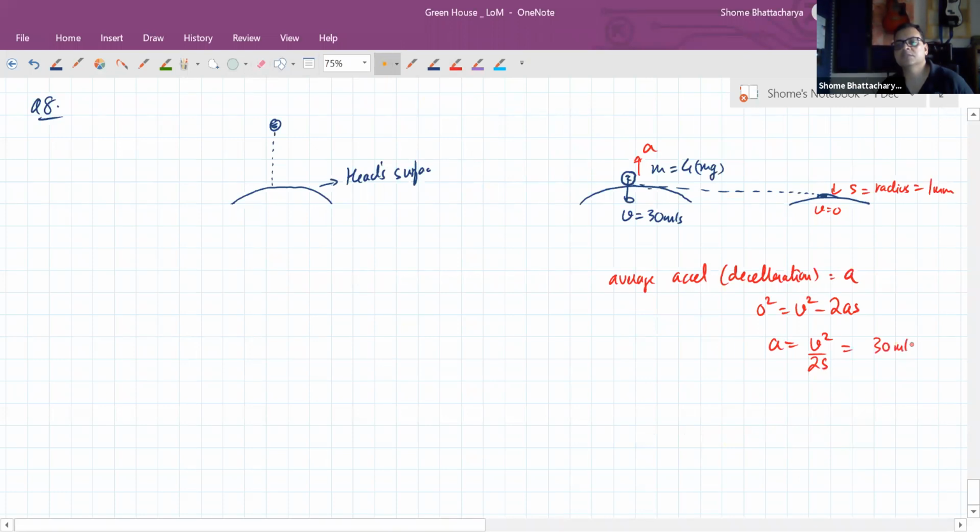So 30 meters per second whole square divided by 2 into 1 into 10 raised power minus 3. So that average acceleration is 9 by 2 into 10 raised power 5 meters per second square. This is the average acceleration.